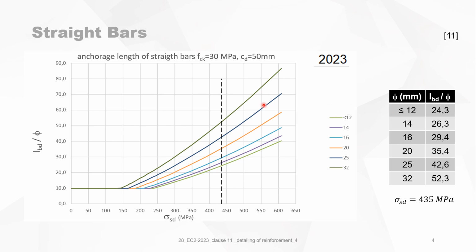In the example that we have here with Cd 50 and fck 30 megapascal, we see that you need more than 50 times the bar diameter to anchor a straight bar, if you do not take into account confinement reinforcement and transverse reinforcement. The minimum in this example is more or less 25 times the diameter. And for bar diameter 16, it's 30 times the diameter.